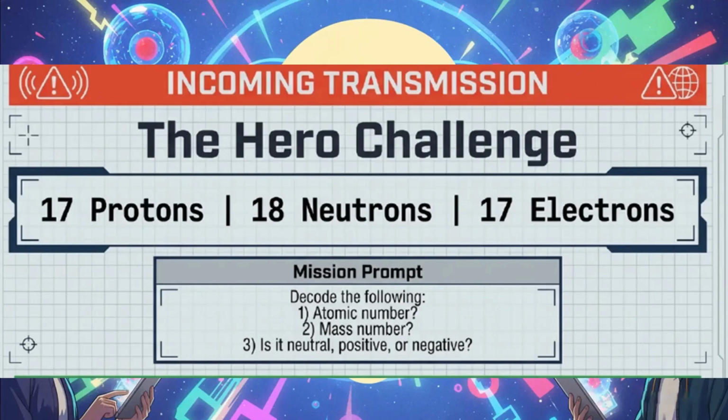Ready? The answer is atomic number 17, mass number 35, 17 plus 18. It is a neutral atom because it has 17 protons and 17 electrons as well.